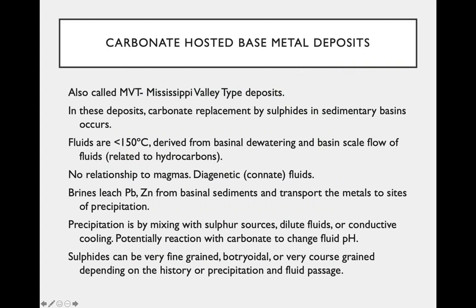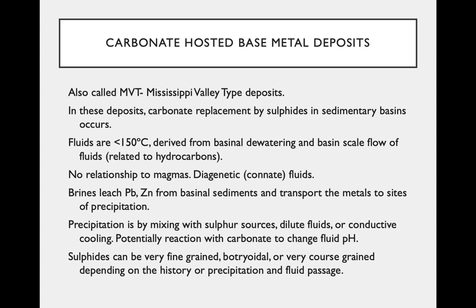Okay, so we've seen what happens when we go from oxidizing to reduced, and they're related to red bed deposits. The alternative is carbonate-hosted base metal deposits, also called Mississippi Valley type deposits.